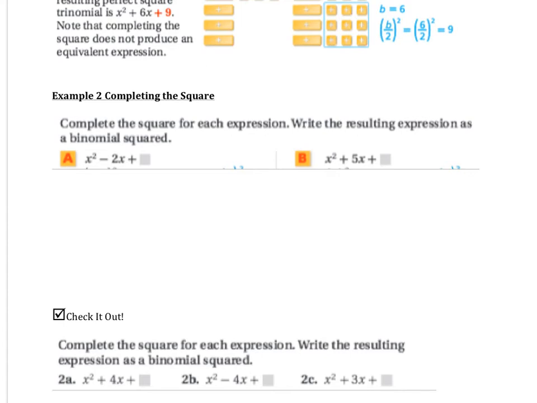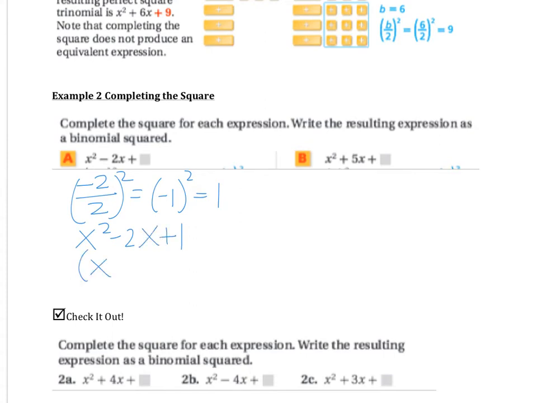So the first thing I'm going to do is take my b, which is negative 2. I'm going to divide it by 2, and then I'm going to square it. So this is negative 1 squared, which is 1. So my trinomial is going to be that.